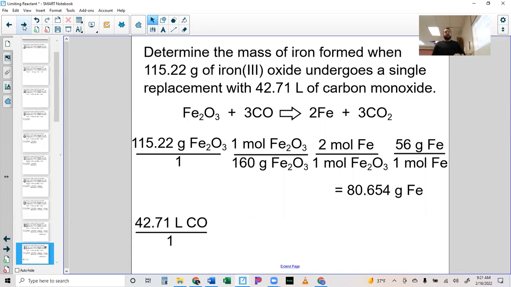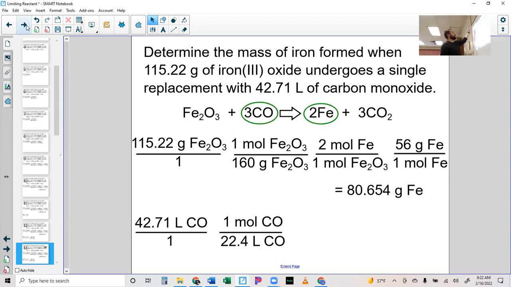To determine which one's the limiting reactant and excess reactant, we have to then use the volume of carbon monoxide that we were given in the equation. So 42.71 liters of carbon monoxide over 1. We get the 22.4 liters per mole at standard temperature and pressure. We use the molar ratio to find out how many moles of iron were made.